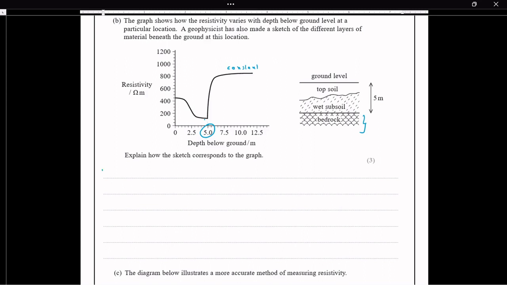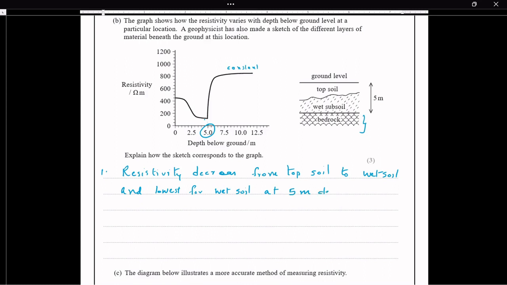Resistivity decreases from topsoil to wet soil, and lowest for wet soil at 5-meter depth.